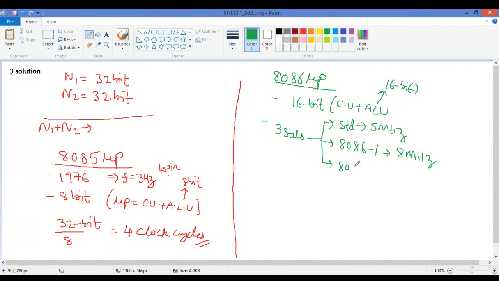This is also 40 pins normally, plus extra pins for minimum or maximum mode, so in total you can say it's 48 pins.